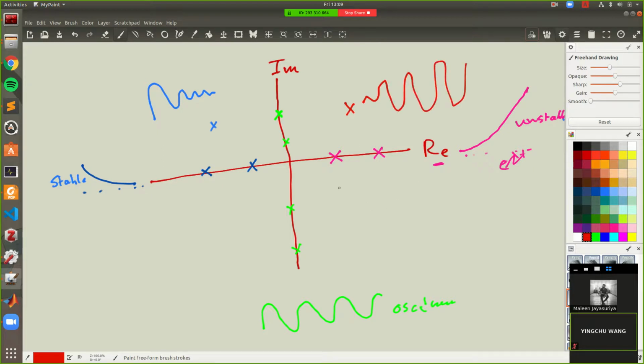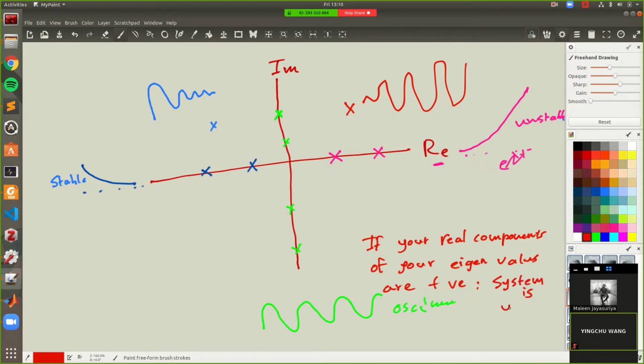So if the real components of your eigenvalues are positive, the system is unstable.